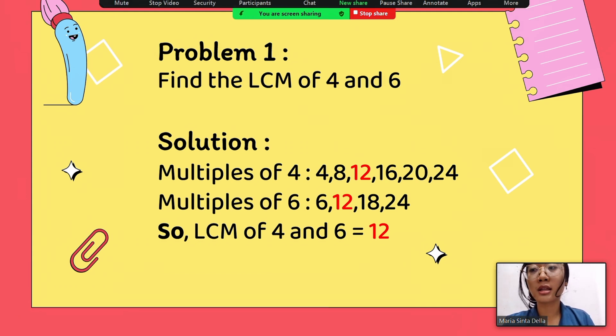You can see that 12 and 24 crop up in both listings.